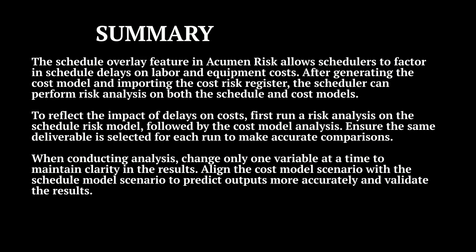To reflect the impact of delays on costs, first run a risk analysis on the schedule risk model, followed by the cost model analysis. Ensure the same deliverable is selected for each run to make accurate comparisons. When conducting analysis, change only one variable at a time to maintain clarity in the results. Align the cost model scenario with the schedule model scenario to predict outputs more accurately and validate the results.